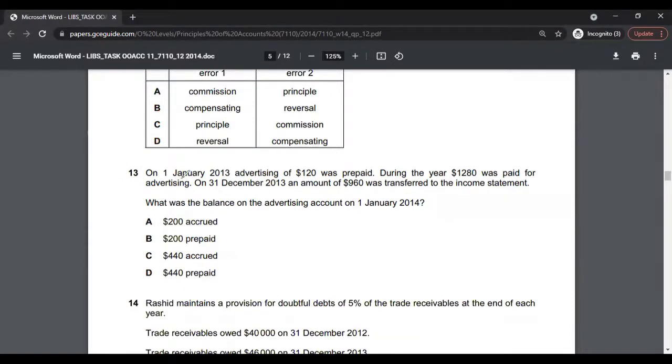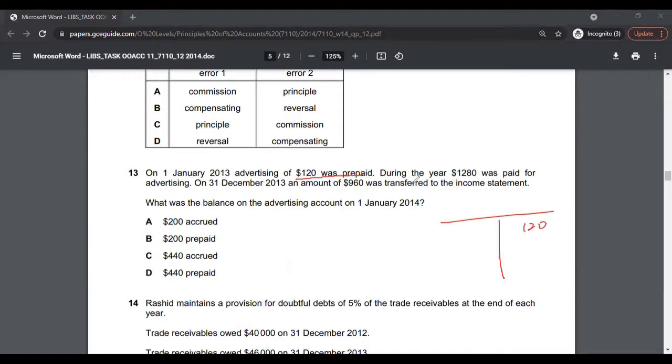Multiple choice 13. On 1st January 2013, advertising of 120 was prepaid. So basically 120 prepaid. During the year, 1280 was paid for advertising. And then on 31st December 2013, an amount of 960 was transferred to the income statement.